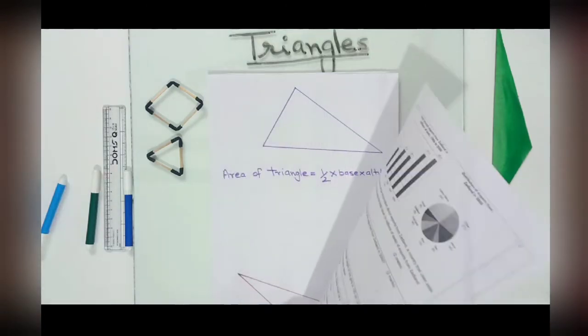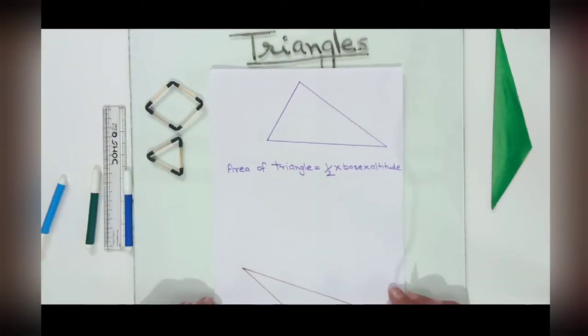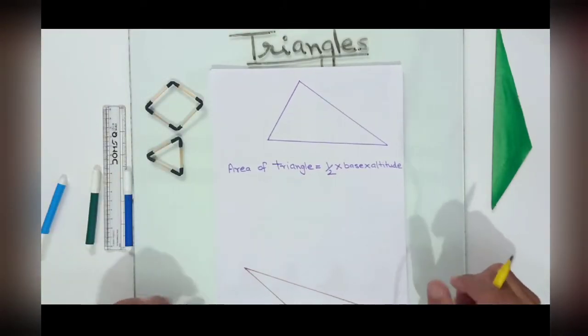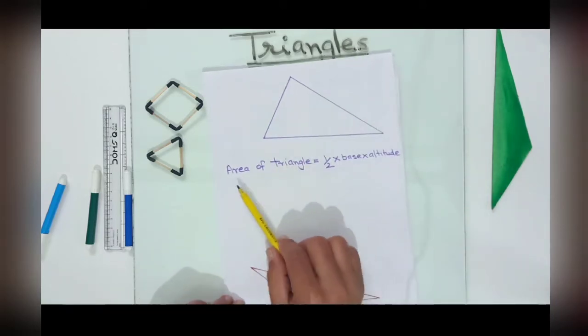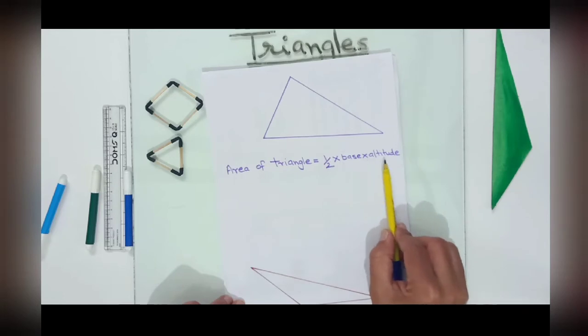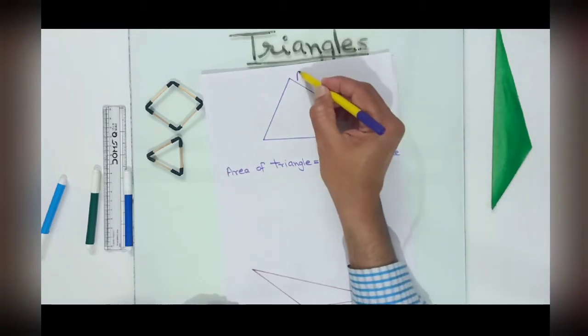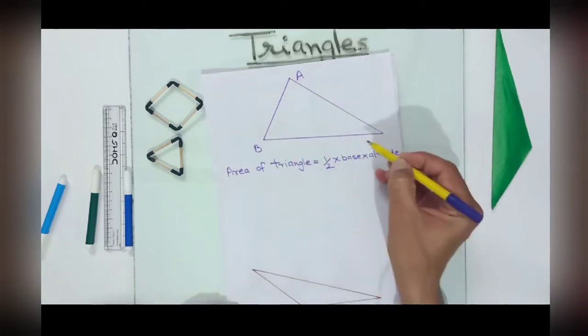Now if I talk about the area of the triangle, all of you know it very well, area of triangle is half into base into altitude. Altitude means height. Now suppose we have this triangle ABC.